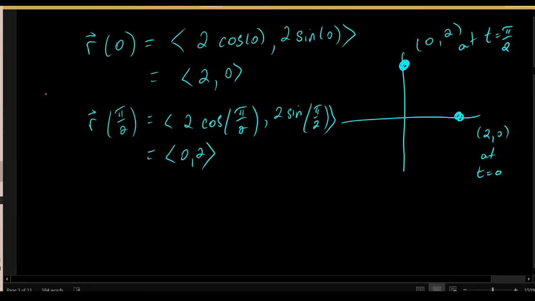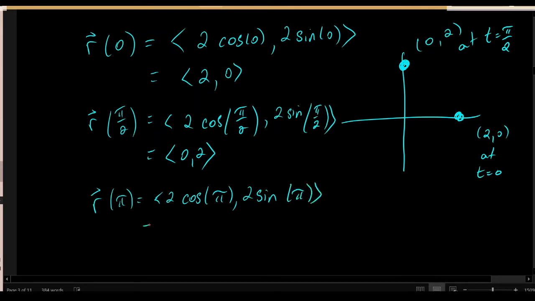So then we go to r of pi. Moving to the left side of the unit circle, we have cosine of pi, sine of pi, each multiplied by 2, so we get negative 2, 0, and that is pointed to the point negative 2, 0 on the xy plane at t equals pi.